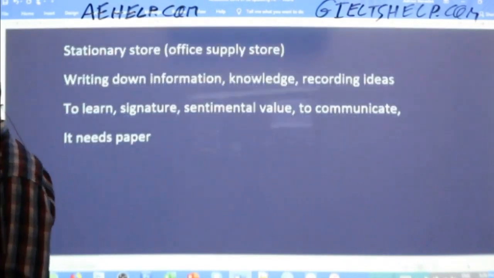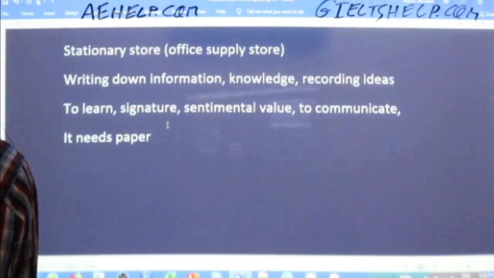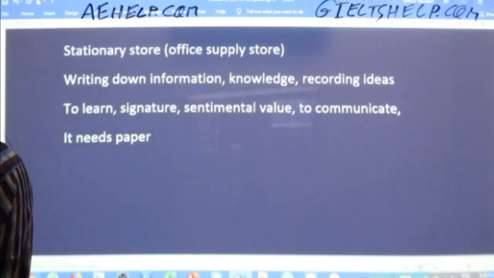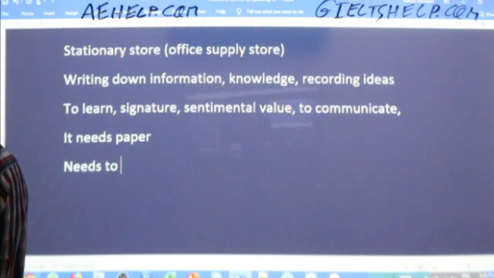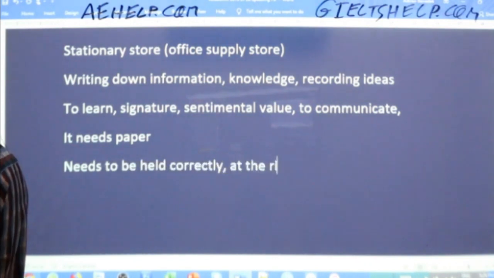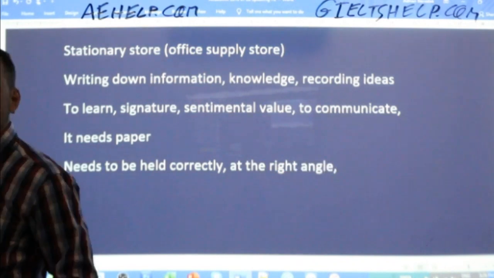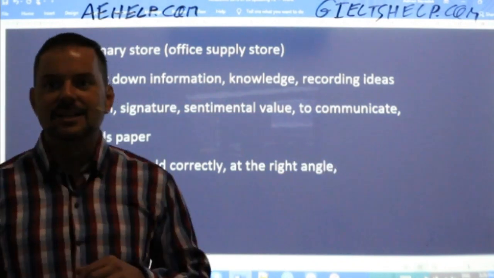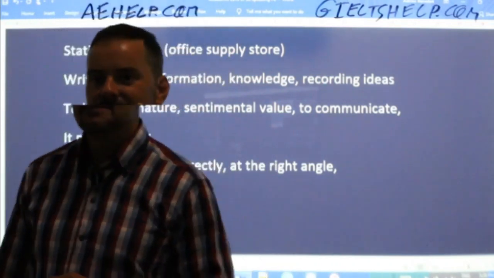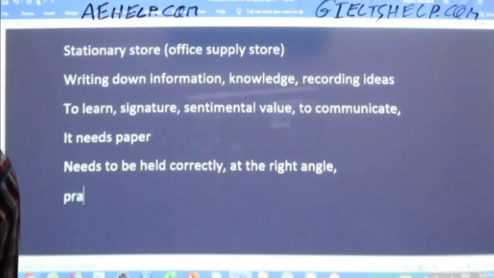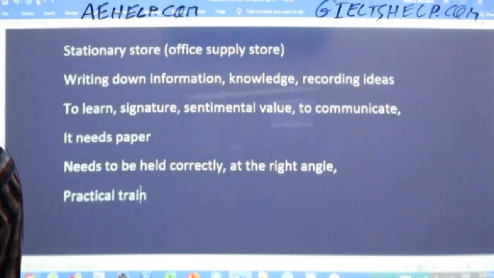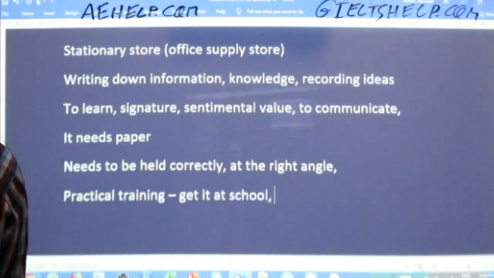So, needs to be held correctly at the right angle. Okay. Needs practical training, absolutely, STEK, so practical training. Get it at school. Where else?